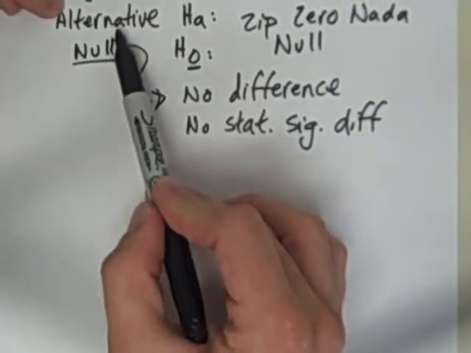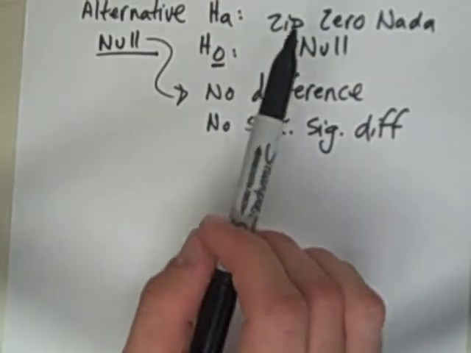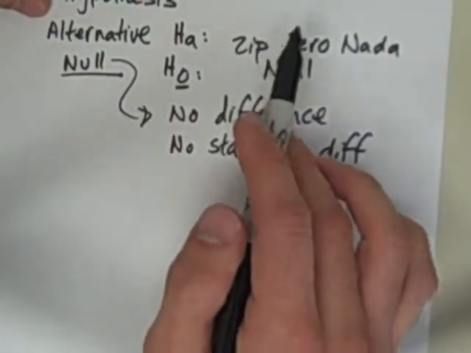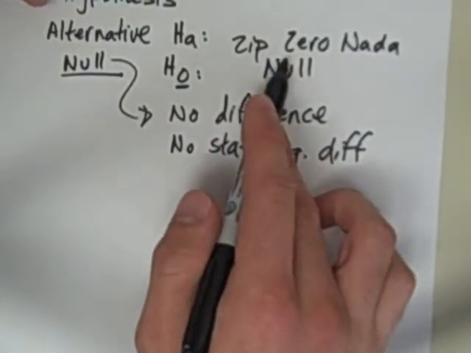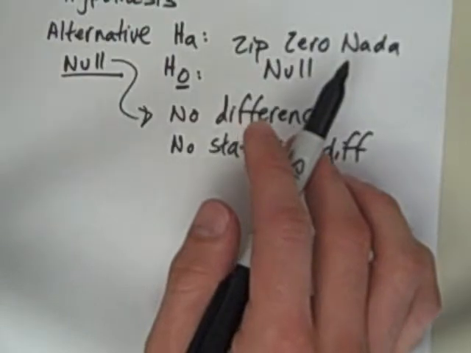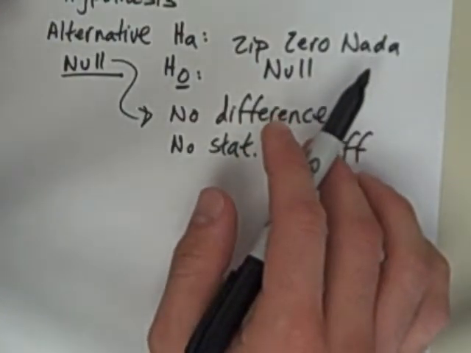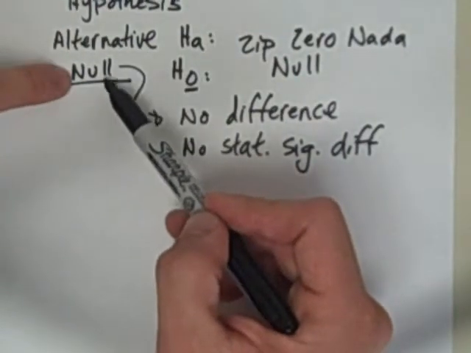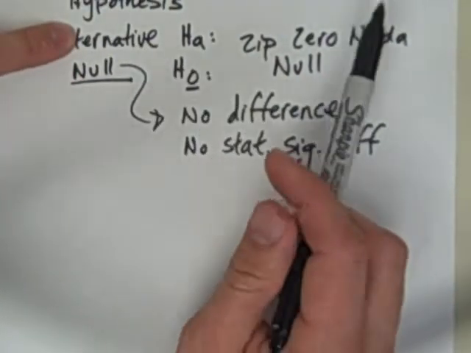My alternative is essentially the opposite: there is a statistically significant difference in intelligence between people who drive Hondas and those who don't. That's where we create these null and alternative hypotheses.